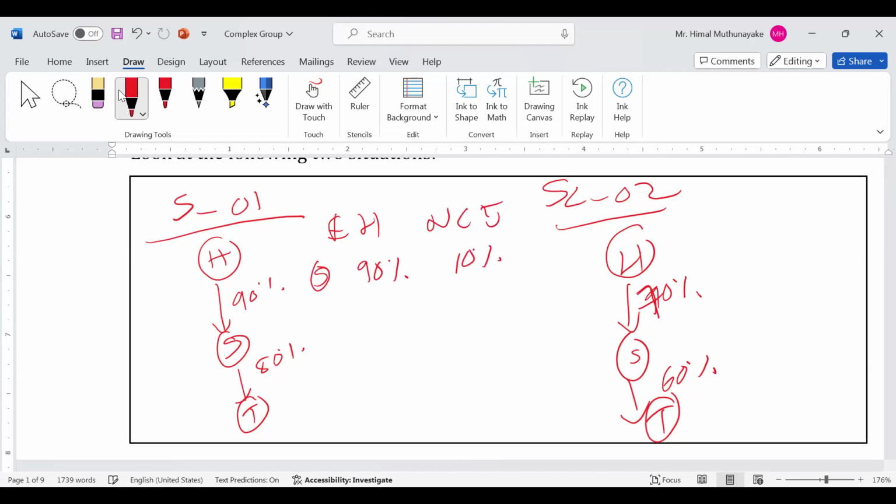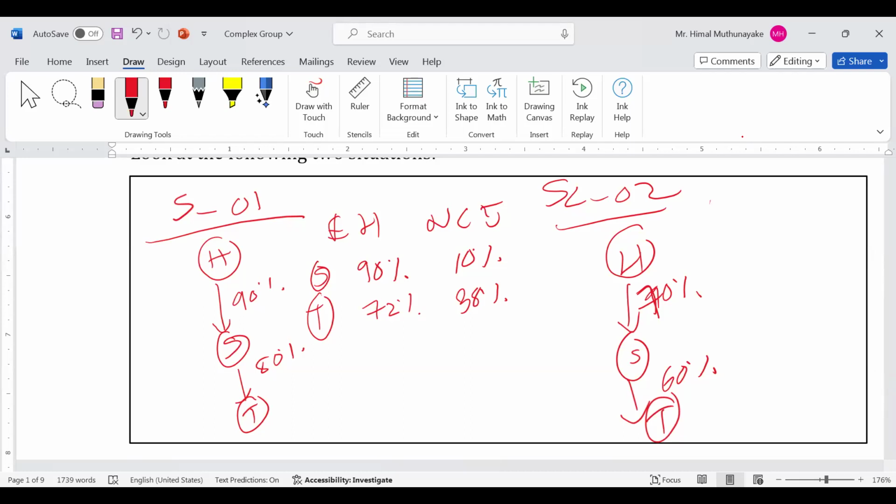Then for H, in scenario 1, the effective holding is 90 and the NCI is 10, directly. Then for company T, the effective holding is 90 multiplied by 80, that means 72%, and the NCI is 28%.